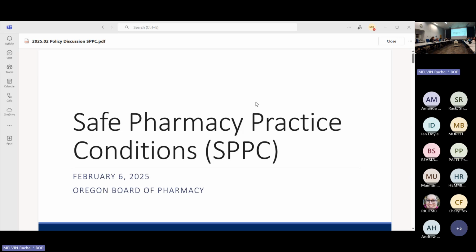Still, on our strategic plan, after this was done, safe pharmacy practice conditions was still listed as needing to be addressed, and that's why it's being presented today. So yes, we did it, and yes, we still have it on our strategic plan, so we have to at least address whether we want, at this time, to send out another survey.